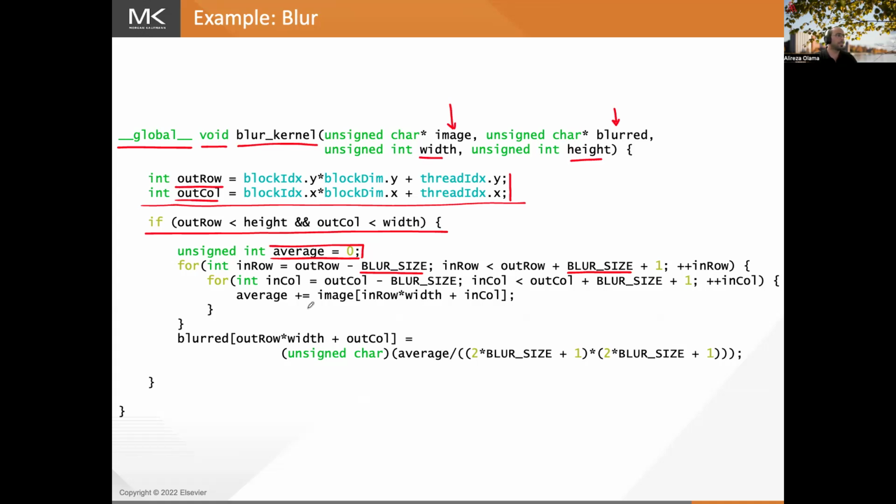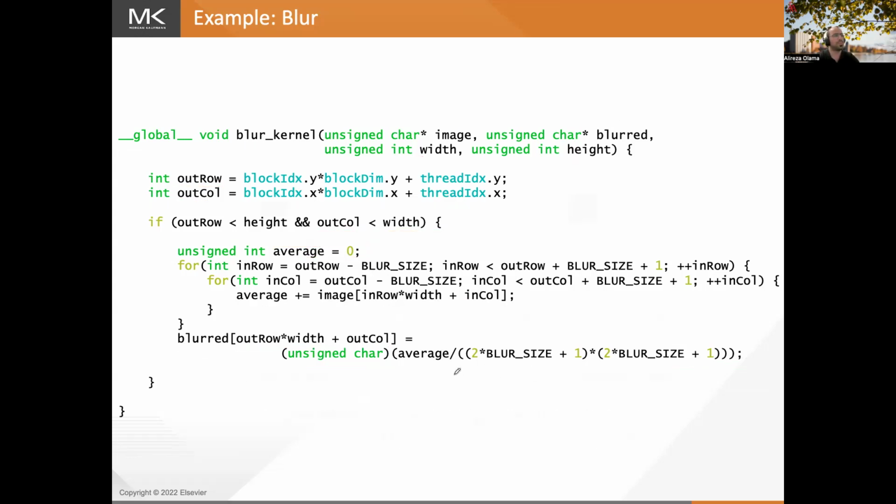So in this case, we just need to compute the average, right, for the pixels that are within this square, and then we compute the blurred pixel just by computing the average.